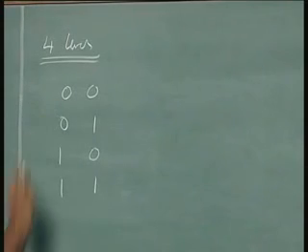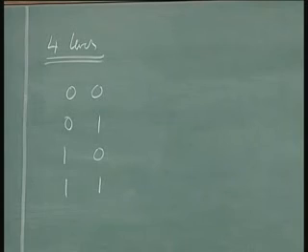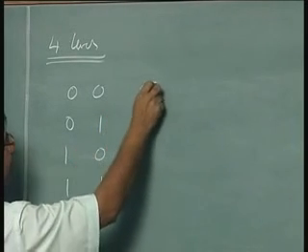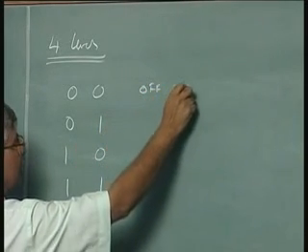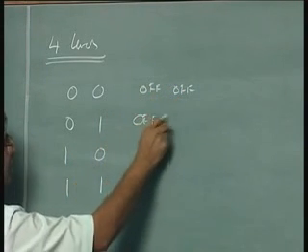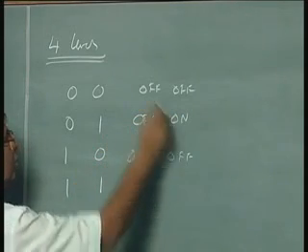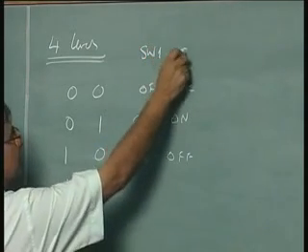As I said, these are symbols. Don't think of them as numbers, 0 and 1. 0 symbol and 1 symbol. That means I can have switches which are off. I will have two switches, switch 1 and switch 0. If both are off, I will see 0.